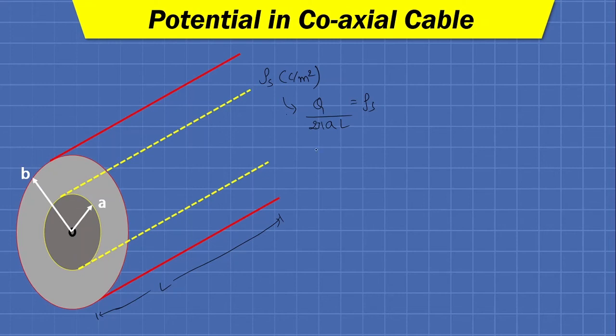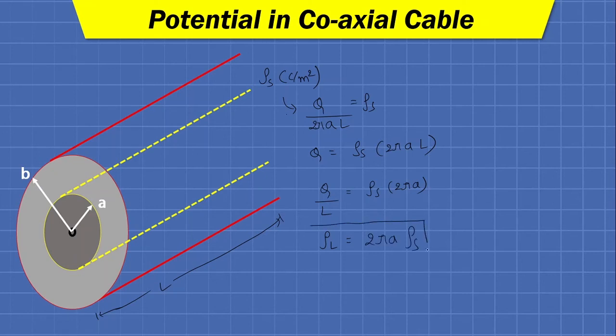Now q, total charge, is nothing but rho s into 2 pi a into L, and if we move this L to the left hand side, it will come to the denominator, and it will be rho s into 2 pi a, and this q by L is nothing but the line charge density rho L. So rho L is nothing but 2 pi a into rho s.